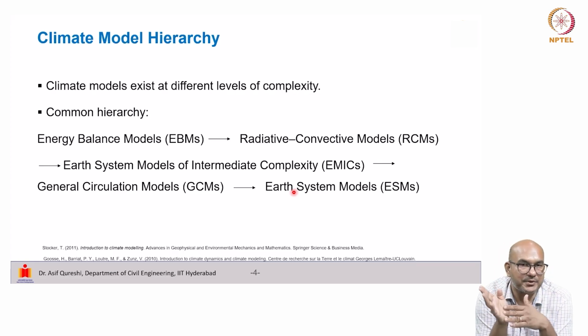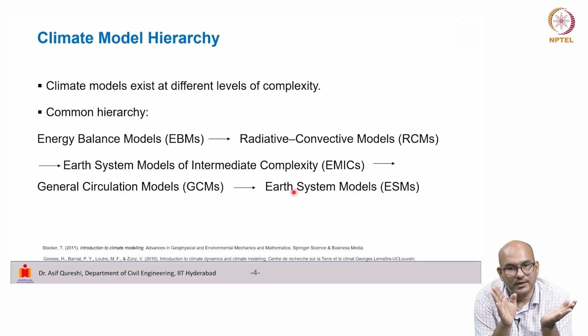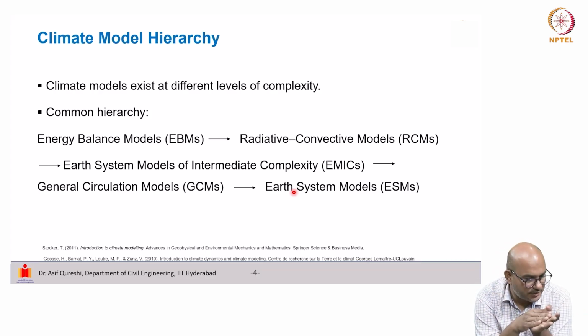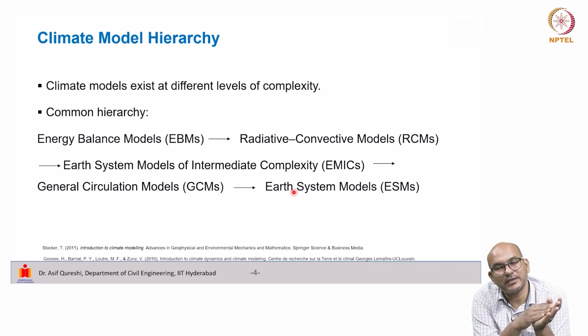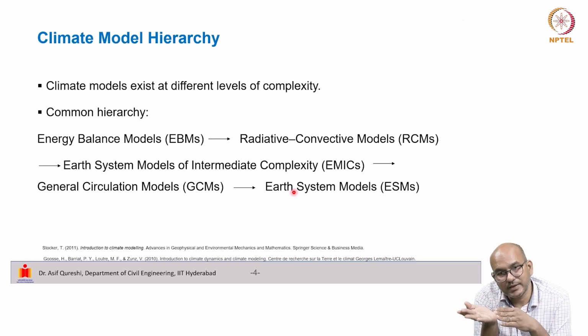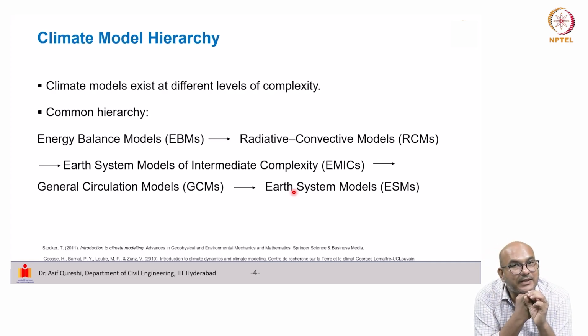How do those emissions of gases influence the temperature or the physical conditions? How do those physical conditions then influence the climate in terms of precipitation, temperature, general weather patterns, climate extremes if they can? So, there are so many different levels at which the models will exist.